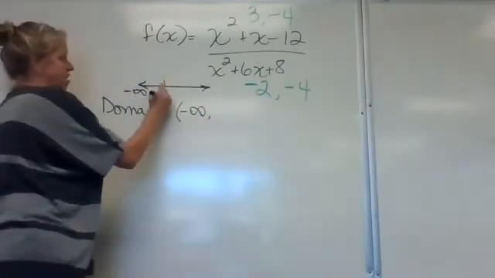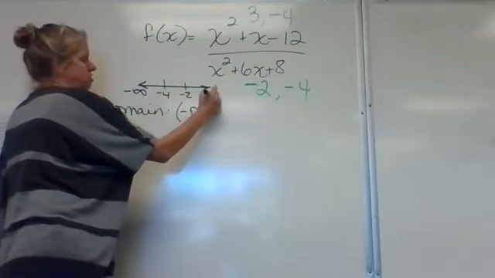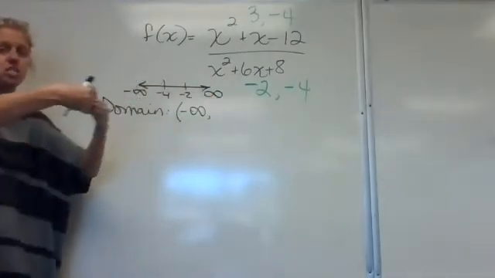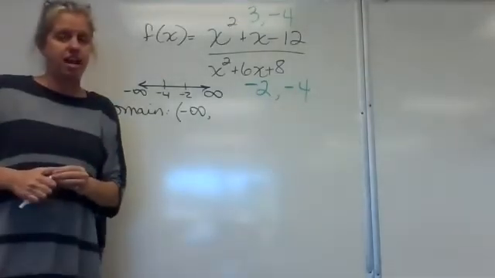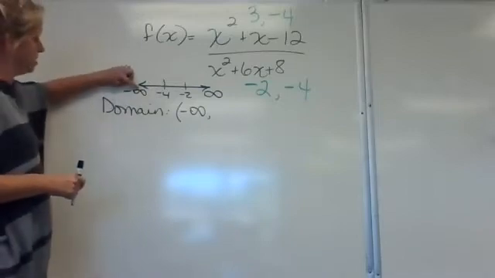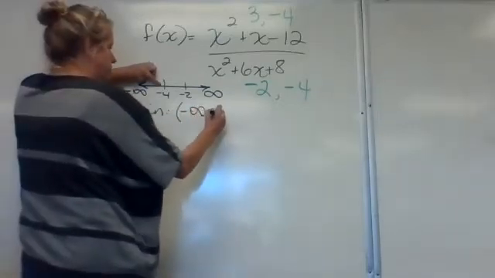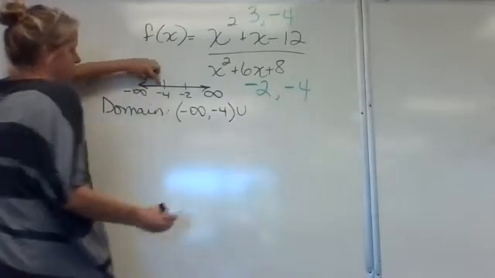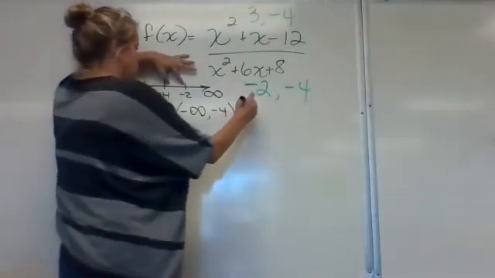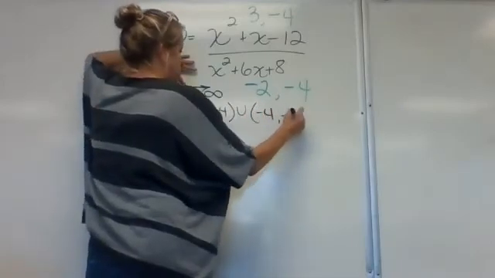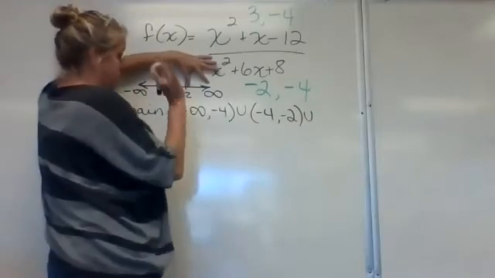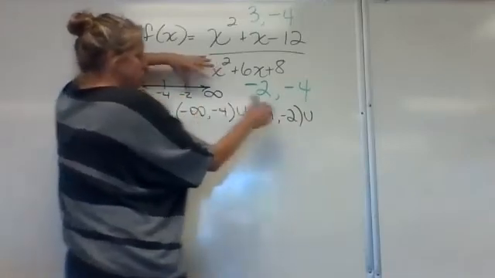You're actually going to run into -4 first, and then -2, and then go to infinity, right? Because -4 is closer to -infinity than -2 is. So let's see, this interval is -infinity to -4. What's the middle interval in between these? So -4 to -2. And the last interval is, excuse me, -2 to infinity.